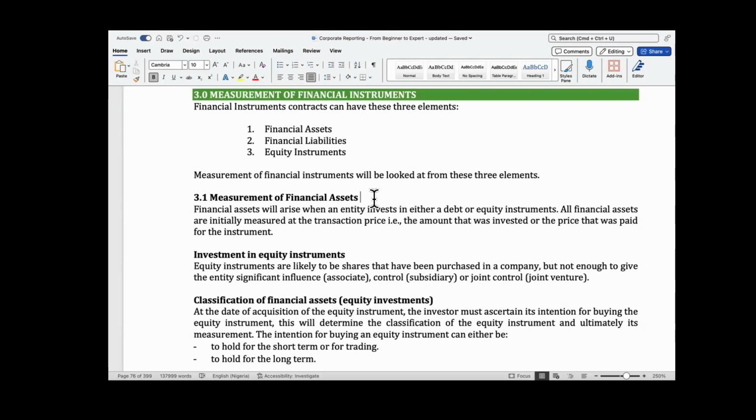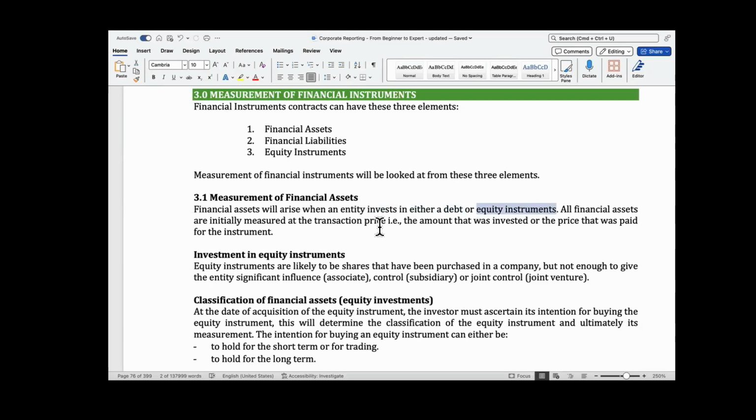Not only that, a financial asset can also be a contractual right to receive cash. That's when you have invested in debt instruments. So the focus for today regarding financial asset measurement is those two, where an entity has invested in either a debt or equity instrument.